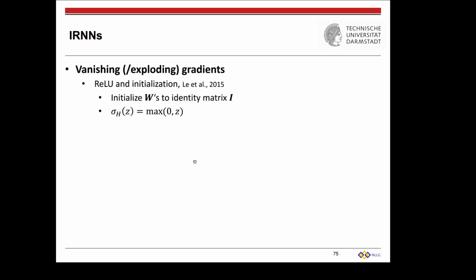Good. Another thing is, so we had two conditions, right? We said we had two factors. The first factor was the weight matrix, right? And it should not be too large, neither be too small. So the optimum is the identity matrix, because the norm of the identity matrix is 1, so having a norm of 1 is cool. That's good.